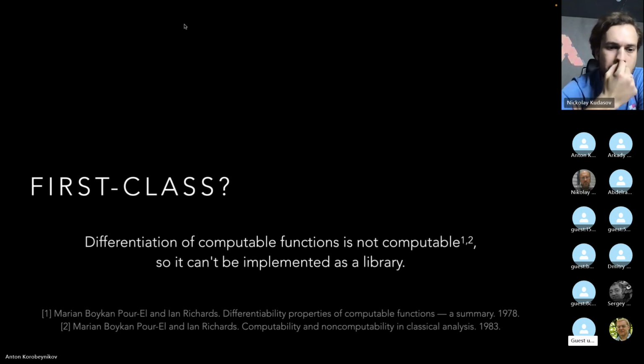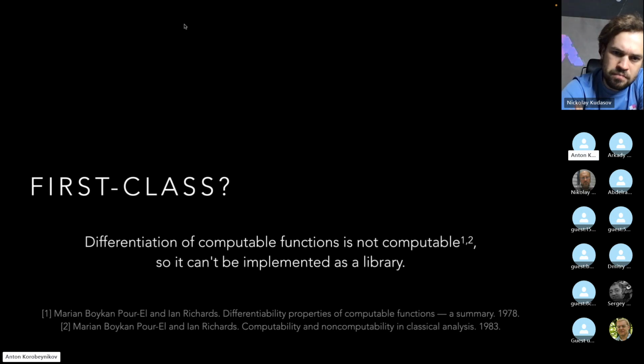Okay. Still, while we're on this page, do the results in the paper say that even continuous smooth computable functions could have non-computable derivatives? Yeah, essentially like this. That's weird. And you see these are quite old results, discovered quite early when the field was developed, almost half a century ago.